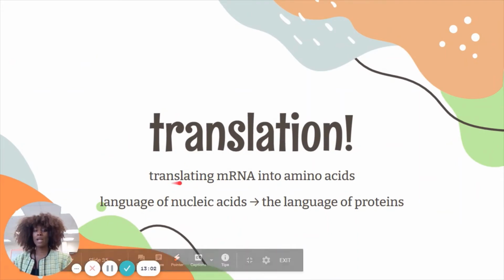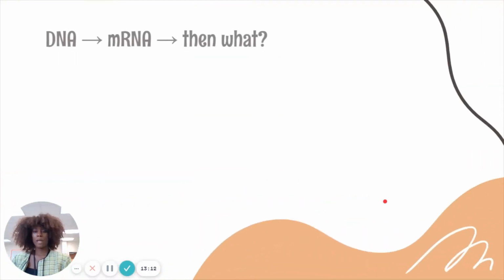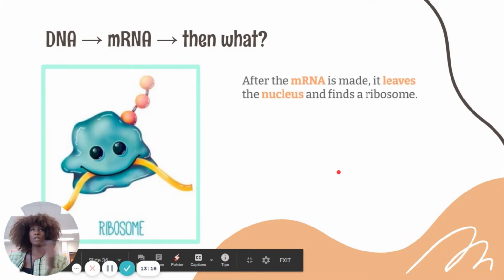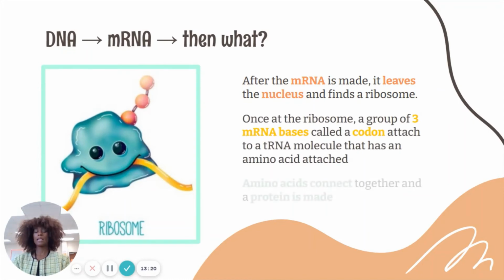So you're going to translate messenger ribonucleic acid into the language of protein, which is the amino acid. I know when I was in high school biology, I was very confused on transcription and translation. Transcription happens first, translation happens second. Transcription stays in the same language, while translation goes from one language, nucleic acid, into another language, the protein.